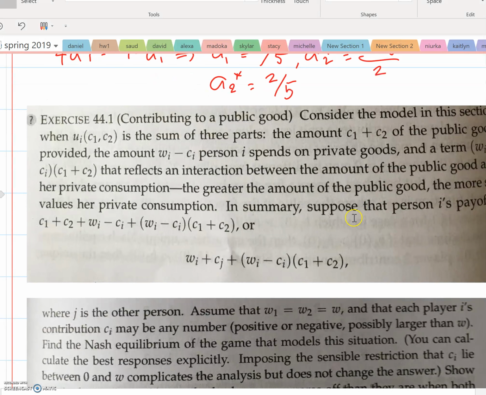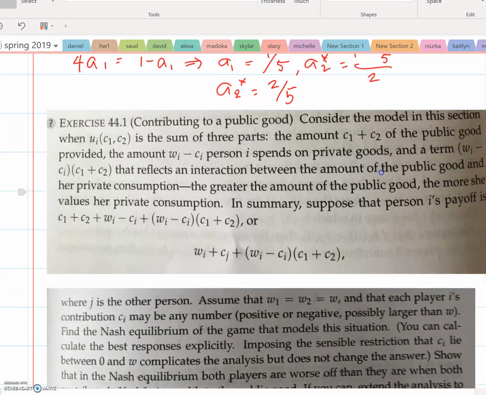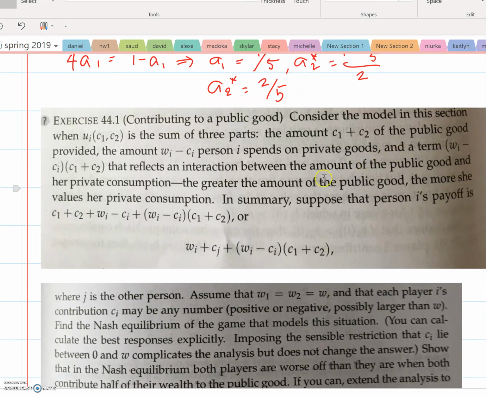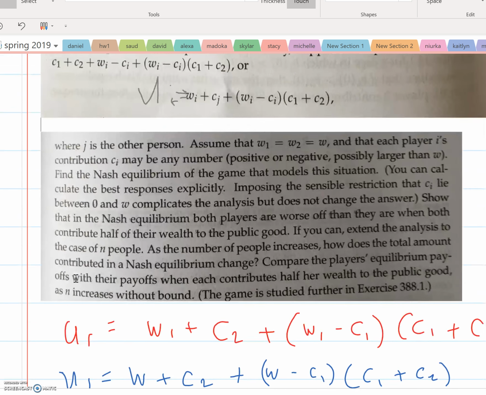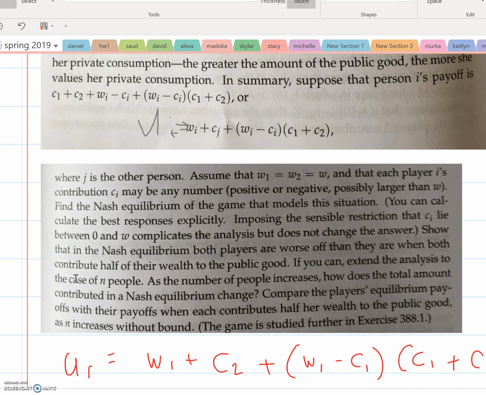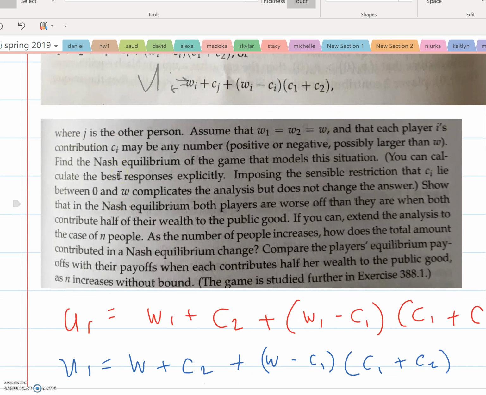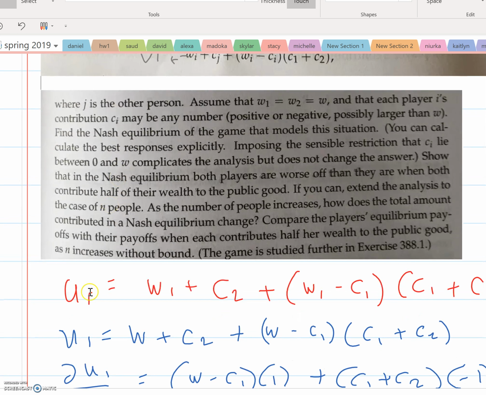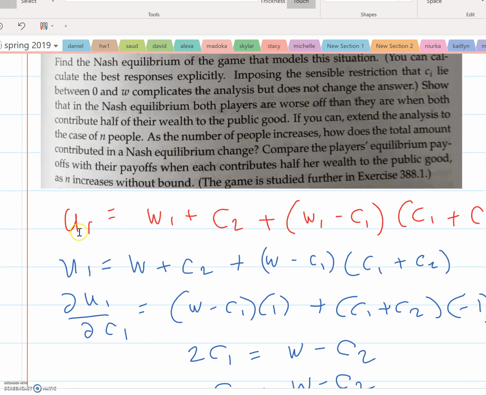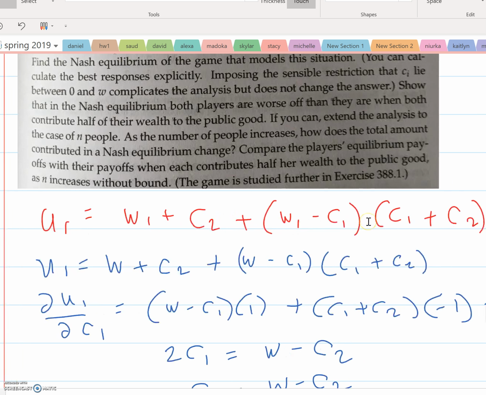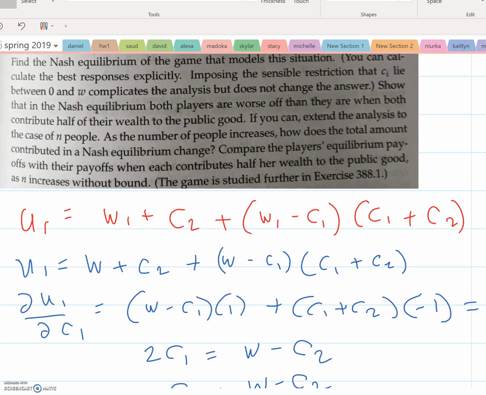Exercise 44.1. So again here, the payoff for any person is this, u_i is equal to this. The notation can be terrible, but that's not really a problem. If there are only two persons, then you can see that U1 would be W1 plus C2 plus W1 minus C1 times C1 plus C2.